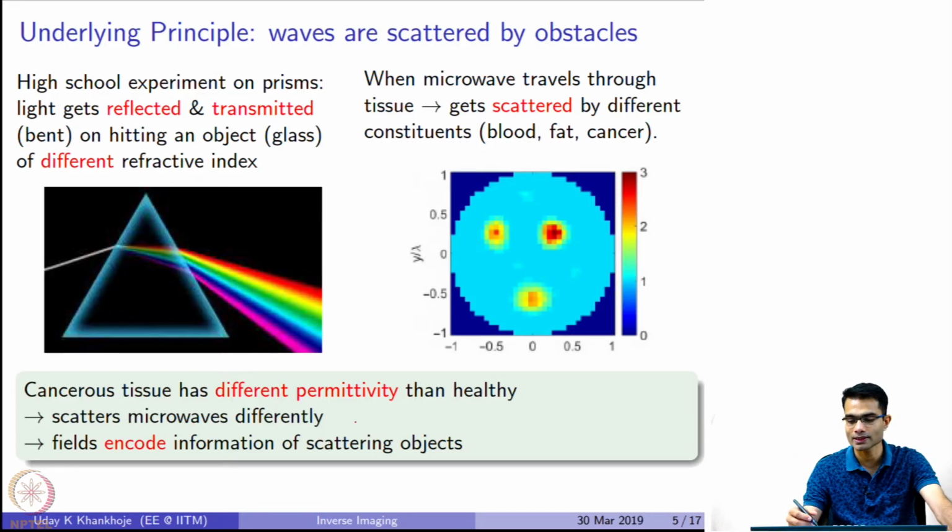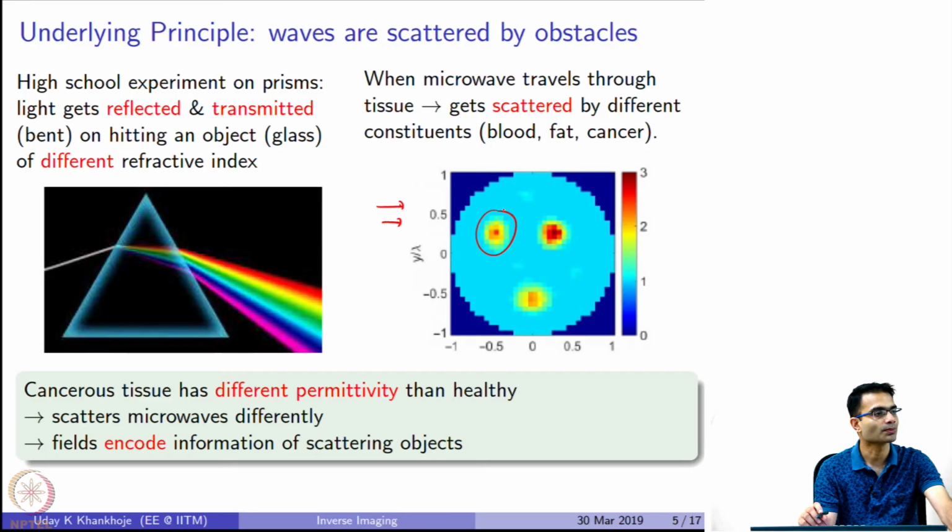So, you can imagine, in this case, I am sending some incident wave over here. If this blob were not there, what would happen to the wave? It would just go straight through and through. But now, because this blob is here, some wave gets reflected back, right. So, this information indirectly is being encoded into the scattered field. The information is there, somehow we have to pull it out. Okay.